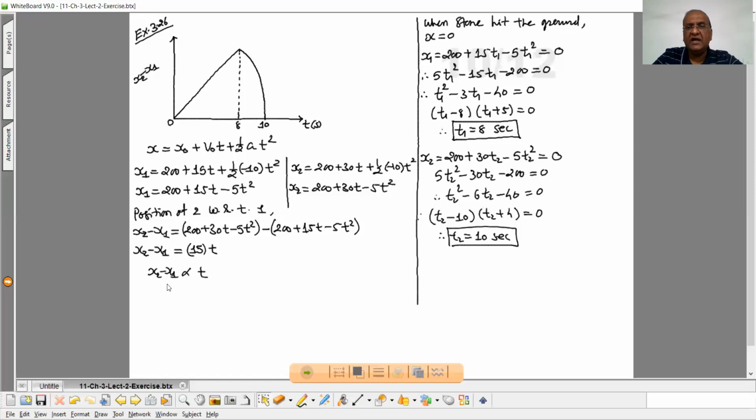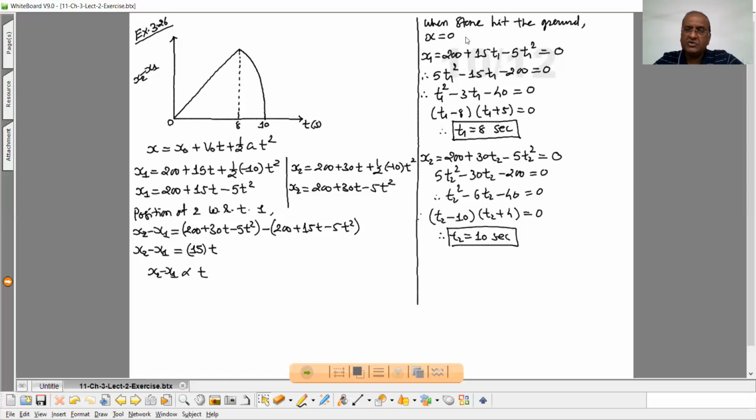It implies that the graph of x2 minus x1 versus t is a straight line. But it is a straight line up to 8 seconds only. Clear? So let's calculate the time taken by the stones to hit the ground.